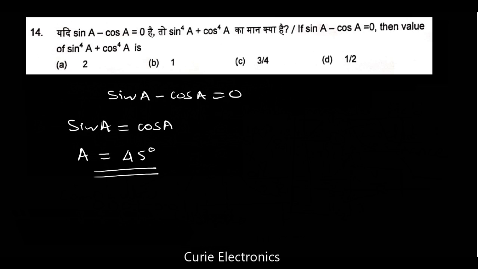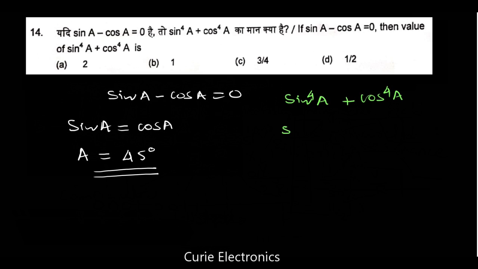So now you got the value of the angle A equal to 45 degree. Now what he is telling in the question, the remaining part, we have to find sine to the power 4A plus cos to the power 4A. Now, what is the value of A? 45 degree.